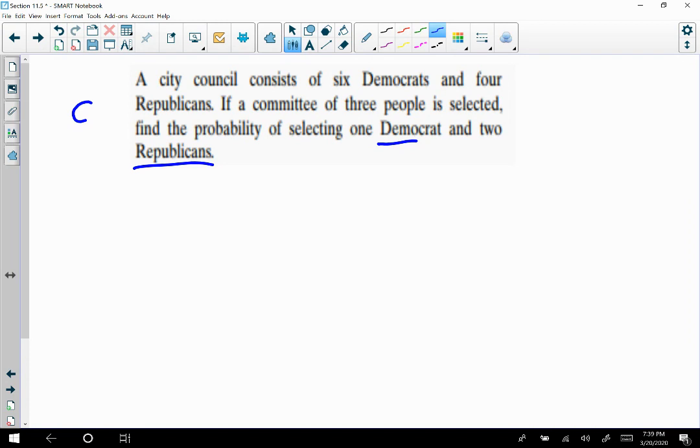Okay? So, let's first start with the total. I have this city council. How many people are on it? Well, there are 6 Democrats, 4 Republicans. So that means there are 10 people total. And we want to choose, what do we want a committee of? 3 people.